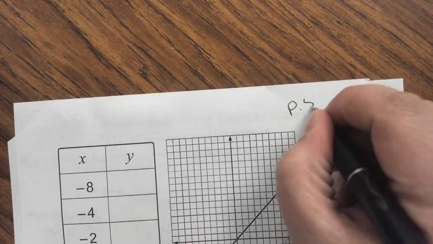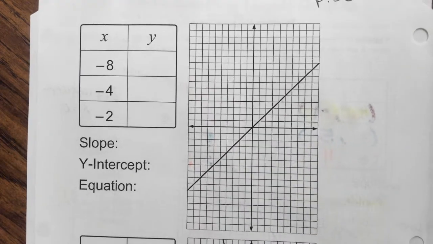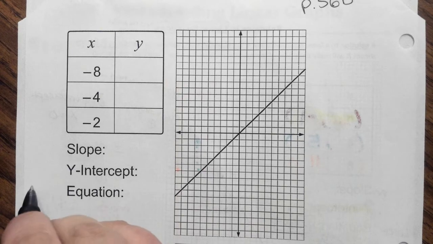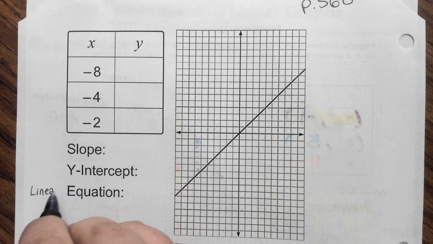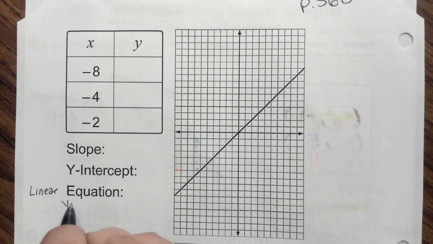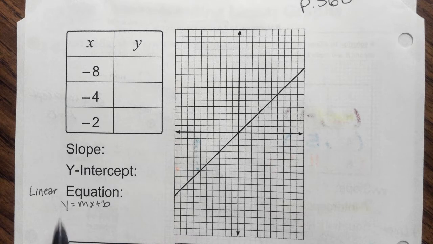Now this is page 56B. And again, we're going to start out by finding the linear equation of this line, which means we need y equals mx plus b. That's the equation we're trying to write.